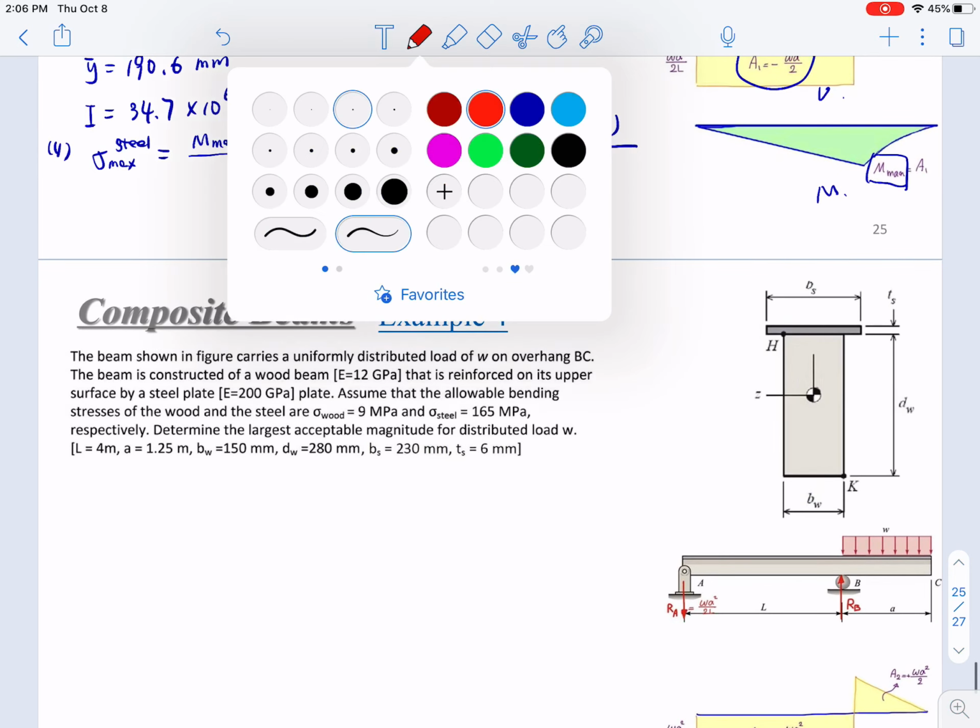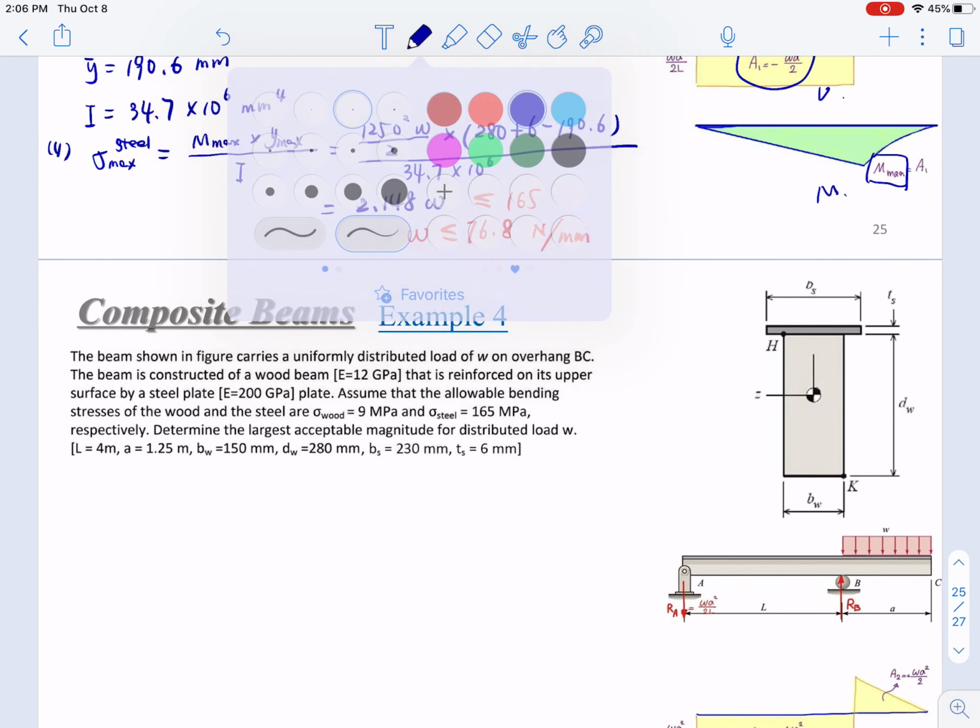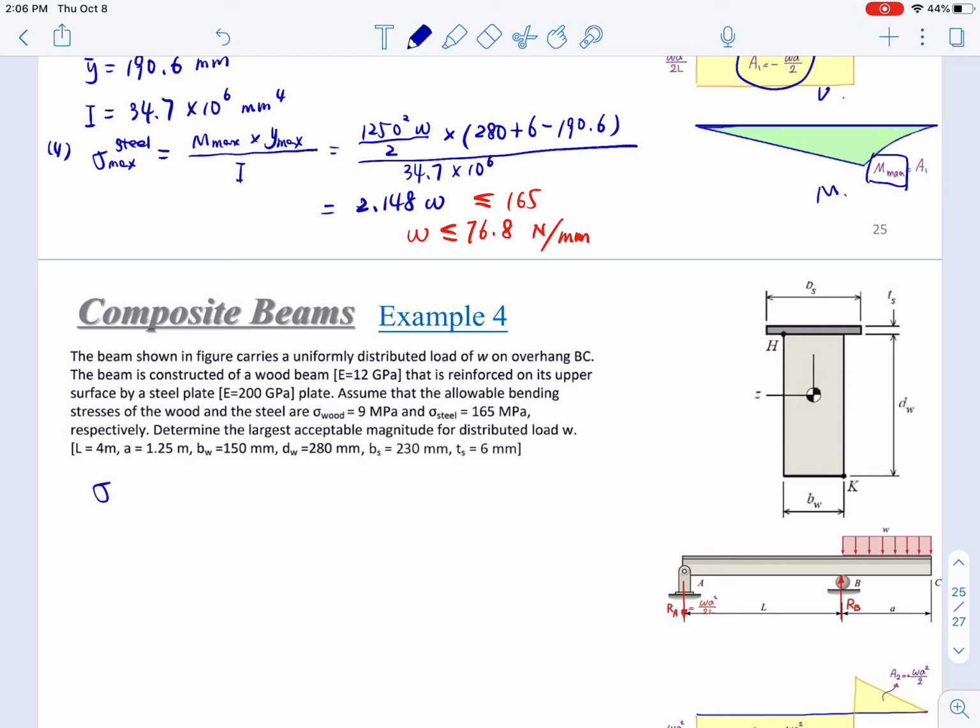In the same way, we can check the other part, that is the wood. The maximum stress in wood will be n times, since you have converted the wood into steel, so the wood is a fictitious part, we need to multiply by n, times the maximum moment times Y bar.